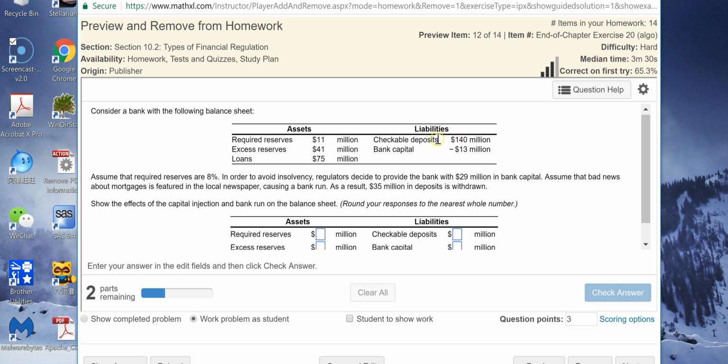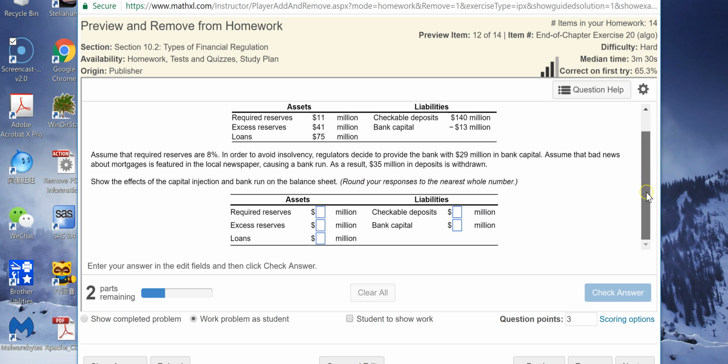But at the same time, checkable deposits will decrease because $35 million in deposits is withdrawn. So this will be decreased by $35 million. Show the effects of the capital injection and bank run on the balance sheet.